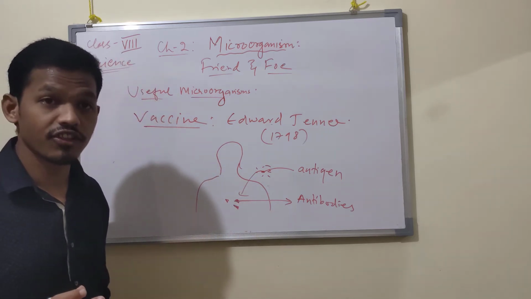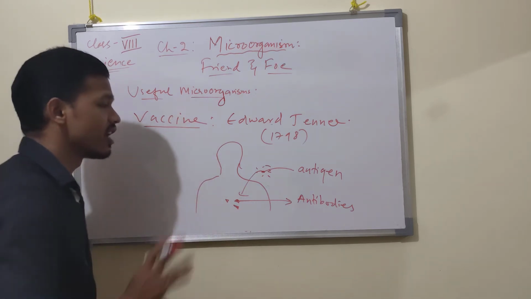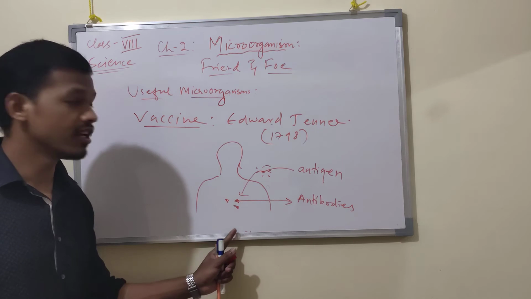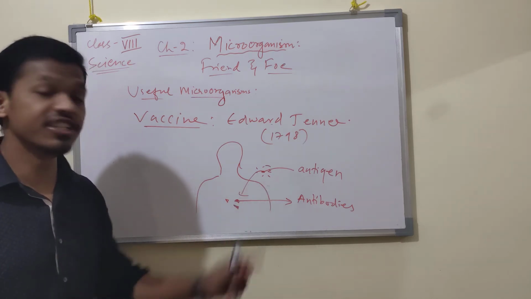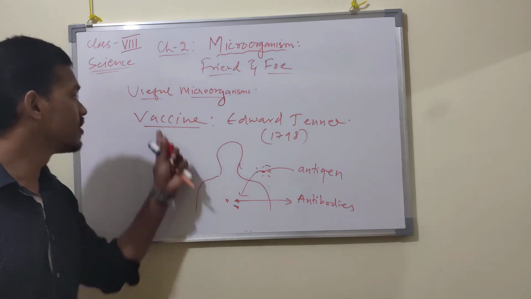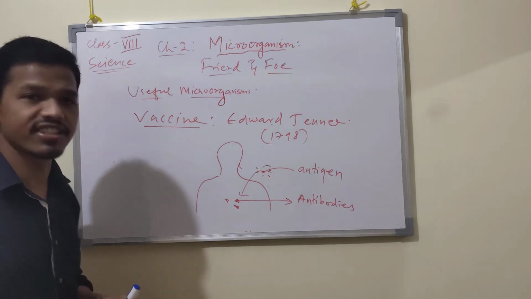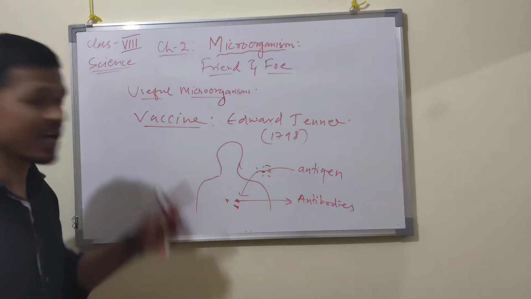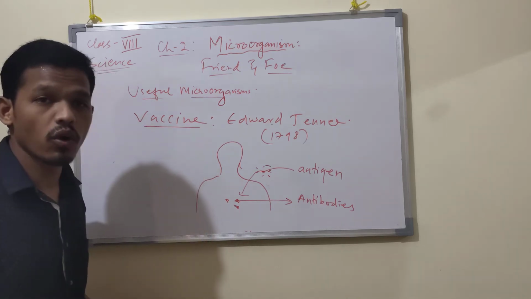In that case, they introduce this vaccine. If our body antibodies fail to fight or defend against disease-causing microorganisms, that is antigens, then in that case they are given a vaccine. So how this vaccine works, we'll talk about.